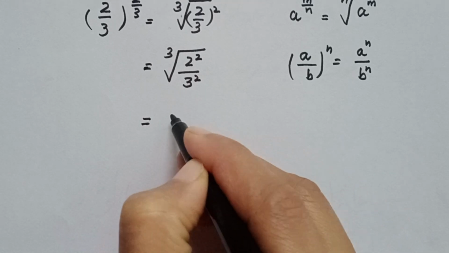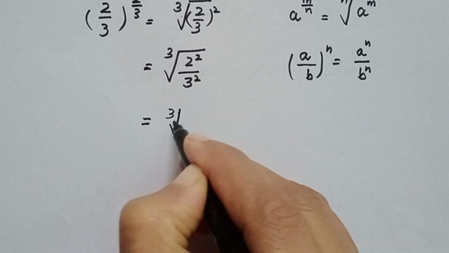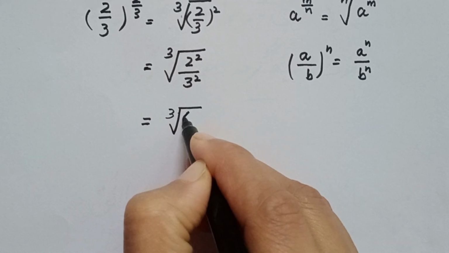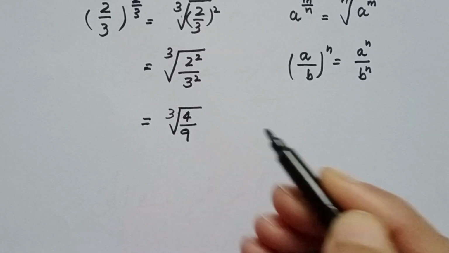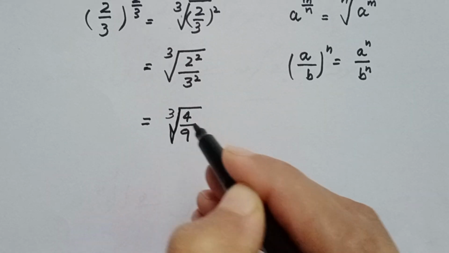We know that we can write 2 to the power 2 as 4 and 3 to the power 2 as 9.